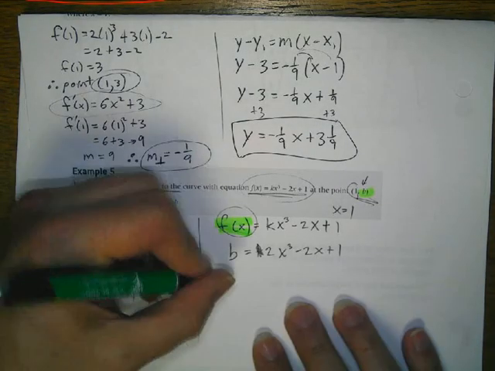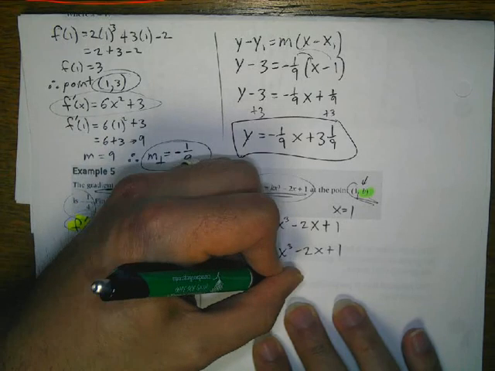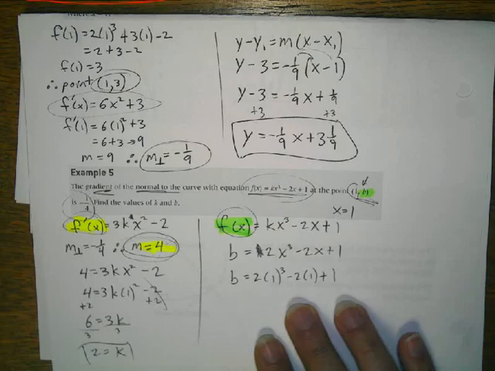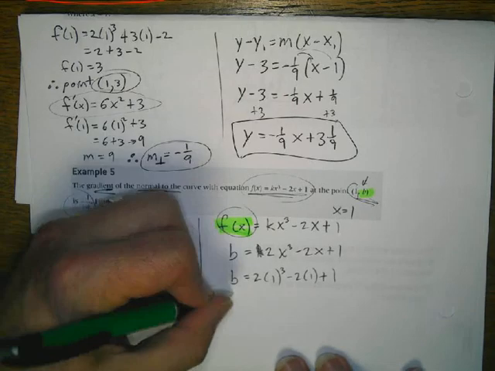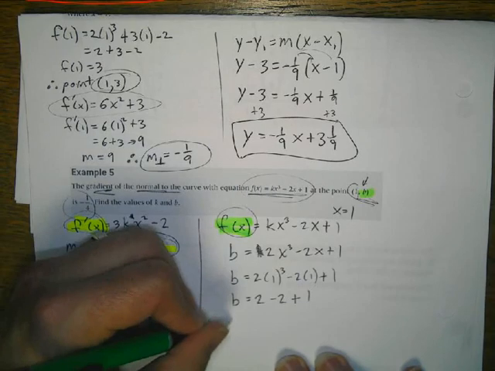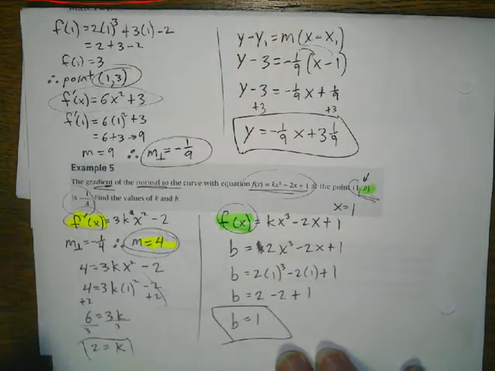So 2 times 1 cubed minus 2 times 1 plus 1. So b is equal to 2 minus 2 plus 1, which means b is equal to 1. Okay, hit pause if you need to.